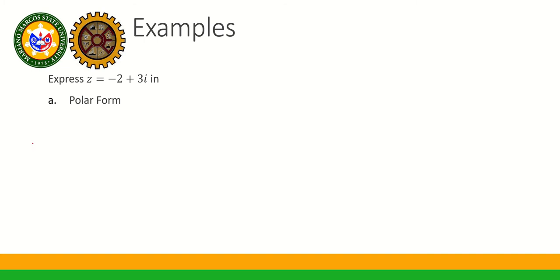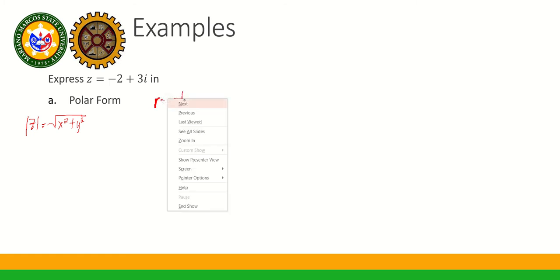So recall natin na sa modulus natin, yung absolute value of z is equal to the square root of x squared plus y squared. And we defined na yung r natin is the modulus, or the absolute value.